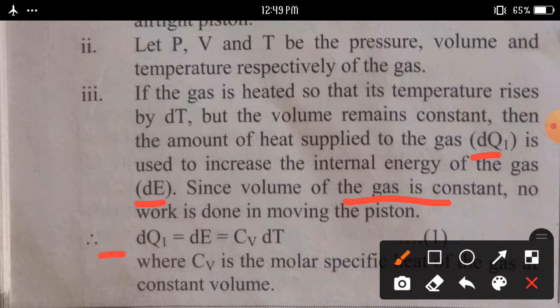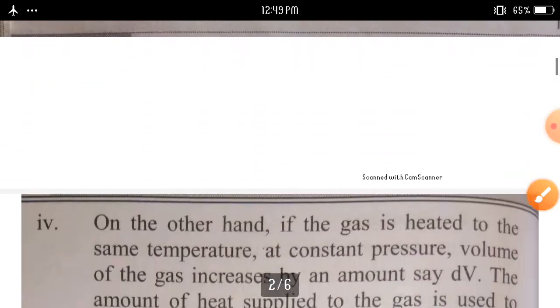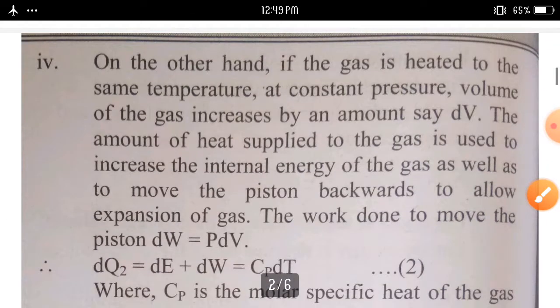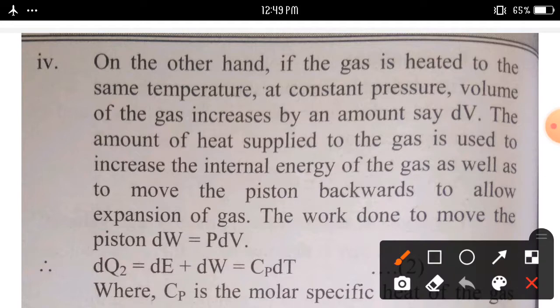On the other hand, if the gas is heated through the same temperature rise at constant pressure, the volume of the gas increases by an amount, say dV.